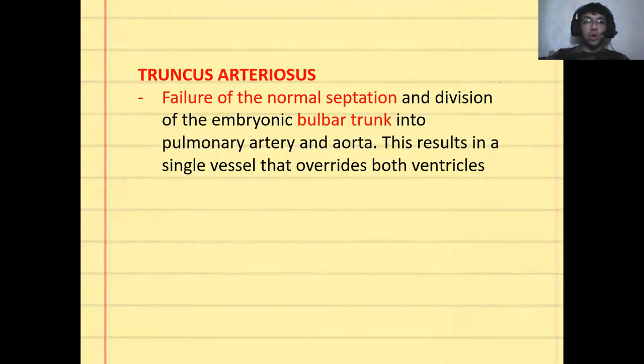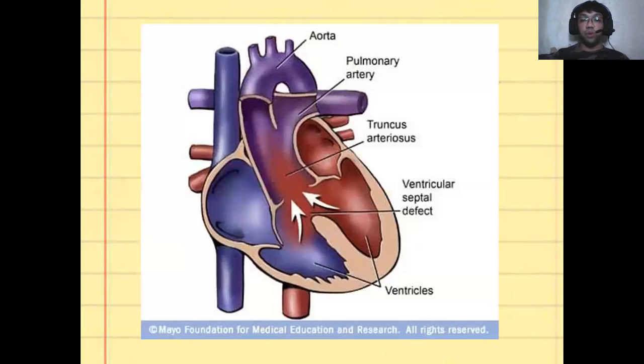Now we go to truncus arteriosus. It's the failure of the normal septation and division of the embryonic bulbar trunk into the pulmonary artery and the aorta. This results in a single vessel that overrides both ventricles. So as you can see here, somehow the aorta and the pulmonary trunk are fused together.